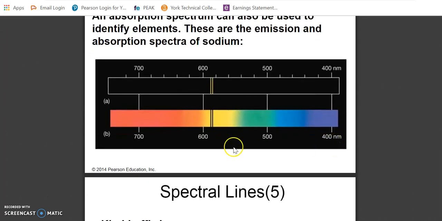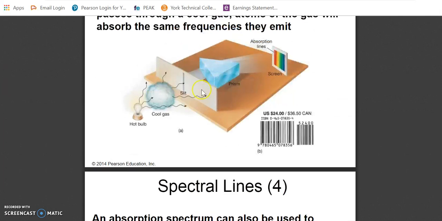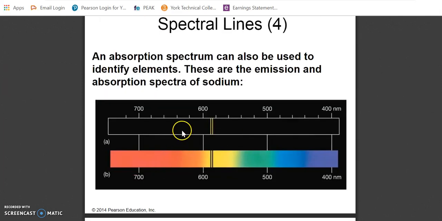All right, so there's another picture of it. Let's see, what is this? It looks like neon. It's exactly the same. For absorption spectra, the lines are basically missing because those particular wavelengths have been absorbed by the cool gas, which in this case, it says, happens to be sodium.